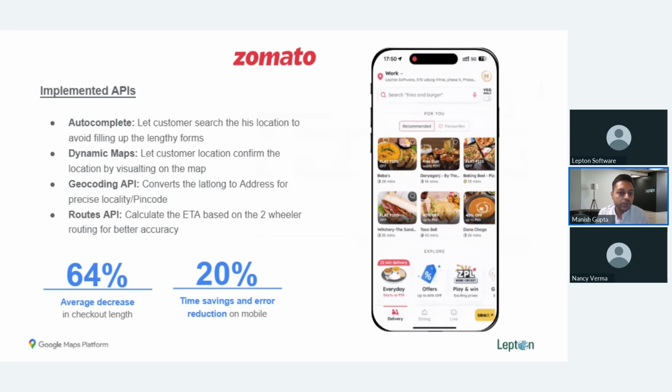And then the Routes API, which Google has recently implemented, ensures that the distance response comes on a two-wheeler routing, which gives better accuracy in giving the ETA to the customers. What it led to was a 64% average decrease in checkout length and 20% saving in error reduction.